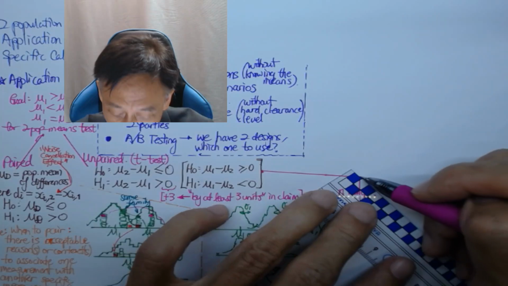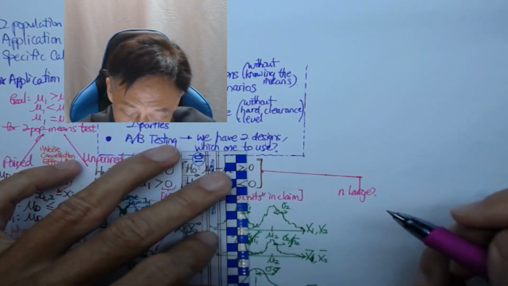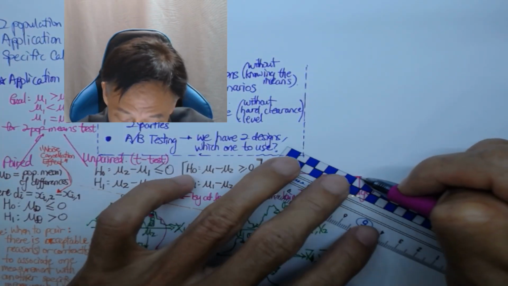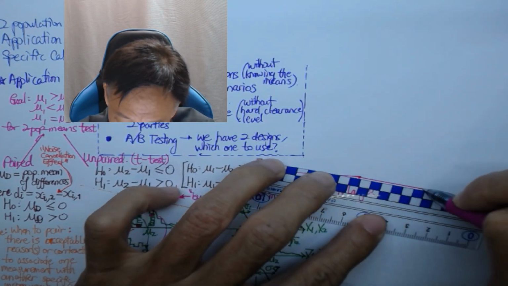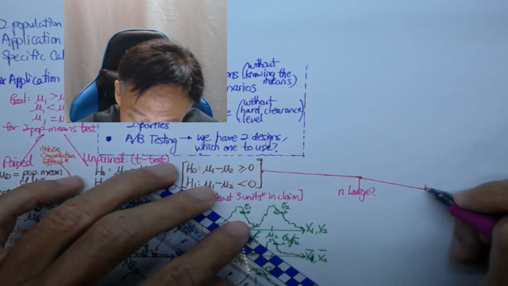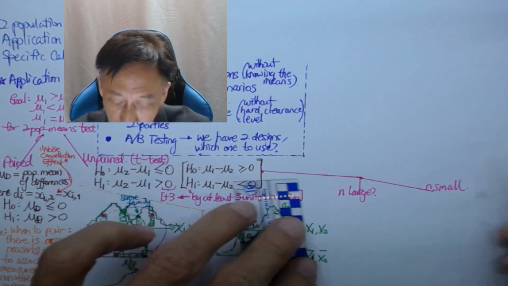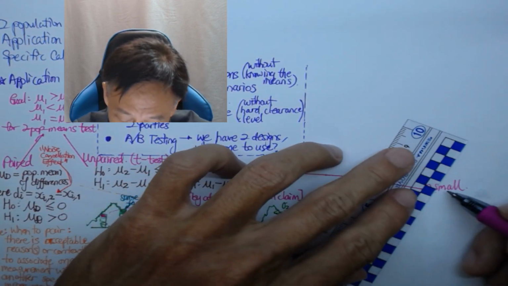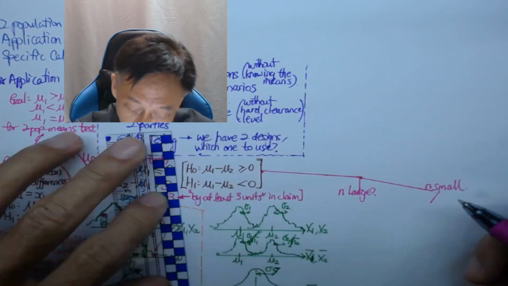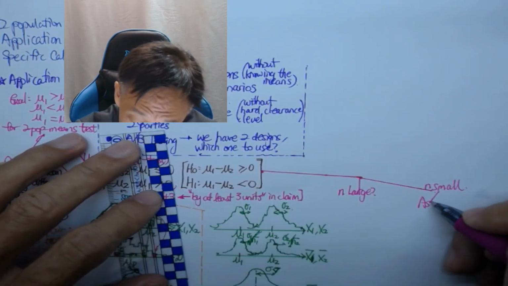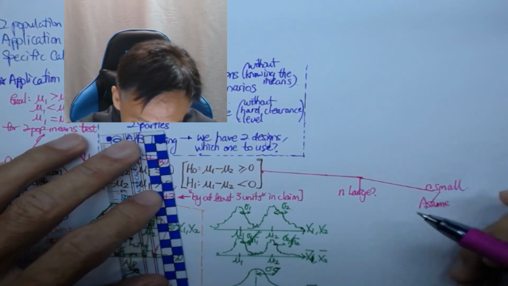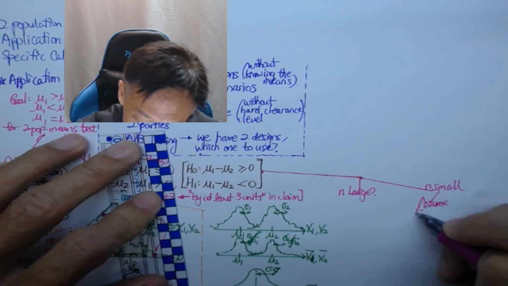If it is so, yes, and if it is no, no. If n is small, then we want to ask, are we assuming equal variance?